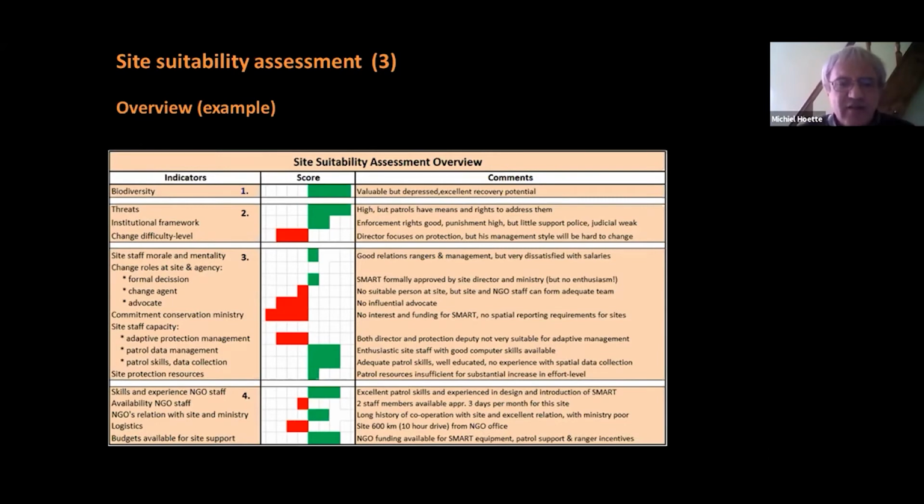And what is most important there is that if things have been organized for a long time without SMART and the managers are pretty old and experienced in the way of doing it without SMART, they usually find it very difficult to change their management practices and start using SMART in an efficient way. So that is an important part of your assessment.